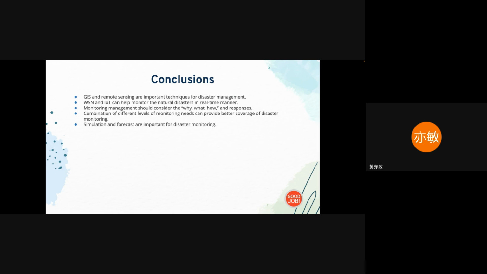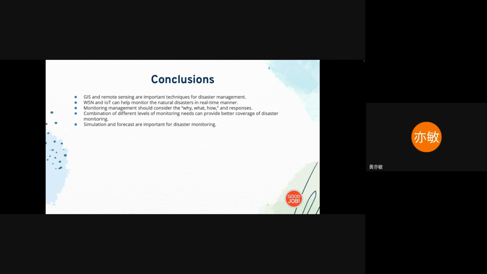So for the conclusion, I already mentioned all the content before. You can use GIS and remote sensing as the techniques today. WSN and IoT is another concept we talked about for the monitoring network. And usually ask yourself three simple questions: why we monitor, what to monitor, how we monitor, and what we need to do in the next step.